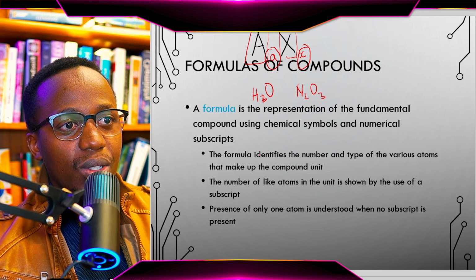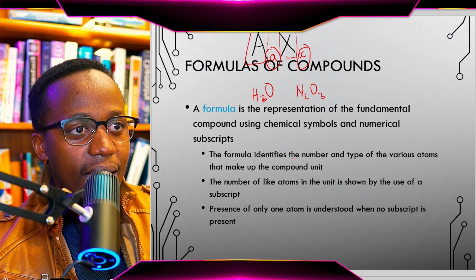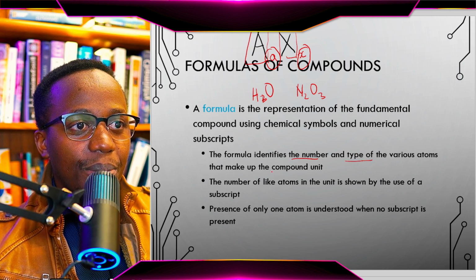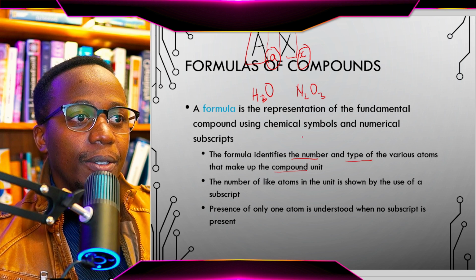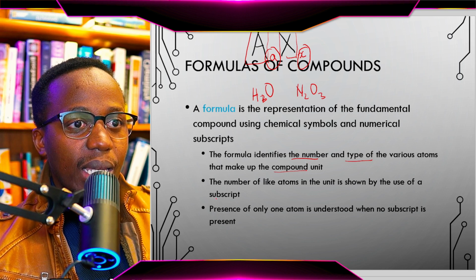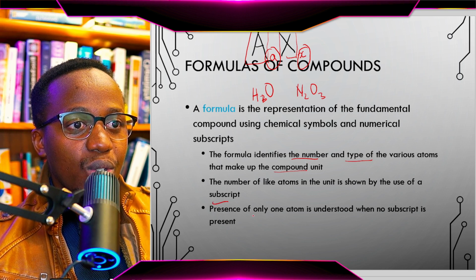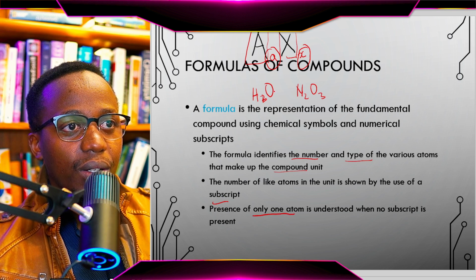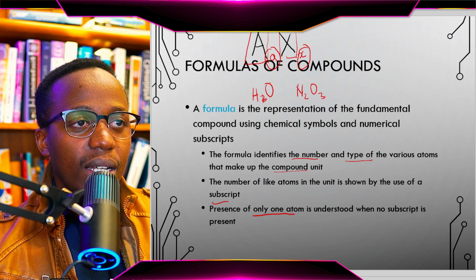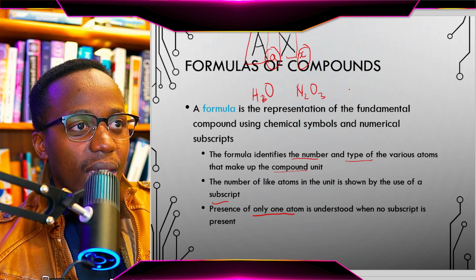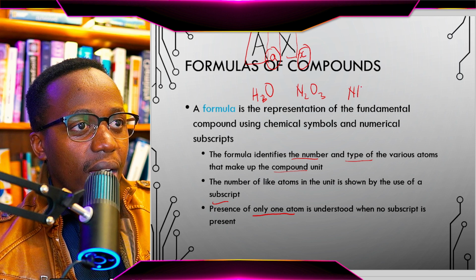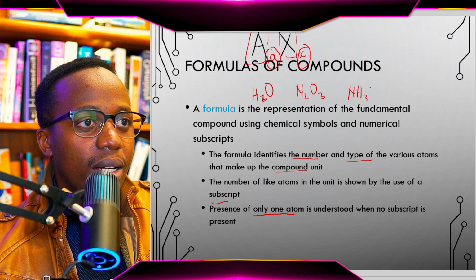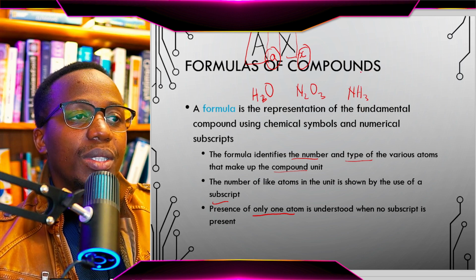So the formula is going to identify the number and type of the atoms that make up a compound, and we're going to use a subscript. And when there's only one atom, there is no subscript. So just like here, there's only one atom of oxygen, there's no subscript. It can be the other way as well. NH3, for example, N just has one atom, hydrogen has three atoms, right?